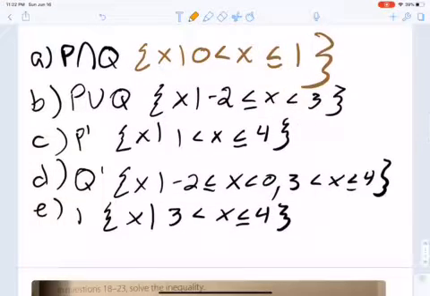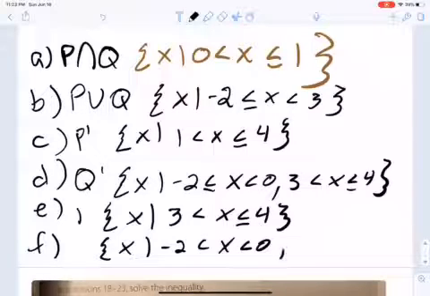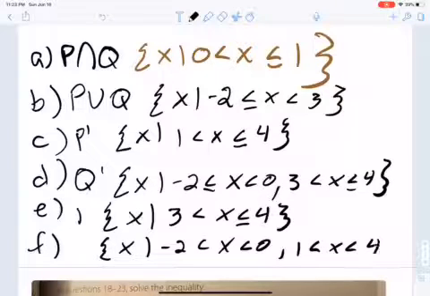So we're going to have to write this one in two parts. So F, x such that negative 2 less than x less than 0, comma, we'll get to whether or not to include these in a second. And then the other one was from 1 less than x less than 4.